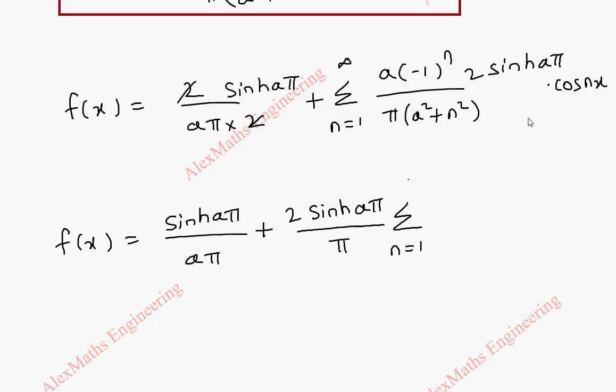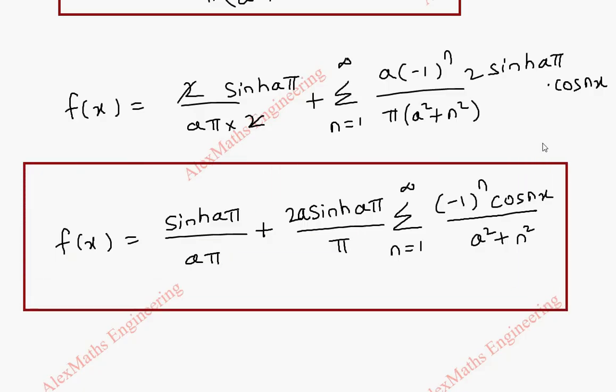Now summation n is from 1 to infinity. Even this a can be taken outside. So I take 2a here. So inside the summation we have minus 1 whole power n into cos nx whole divided by a square plus n square. This is the required half range cosine series for the given function f of x.